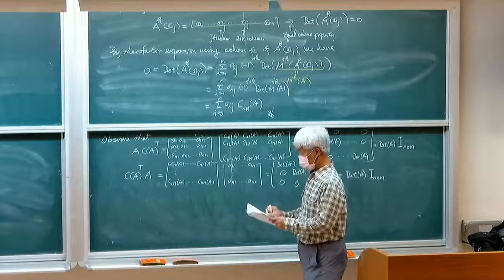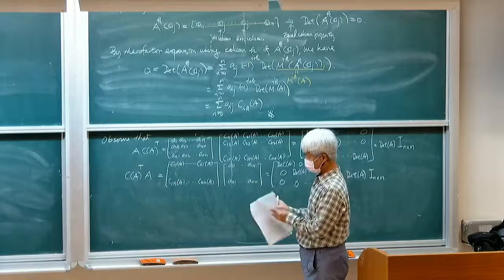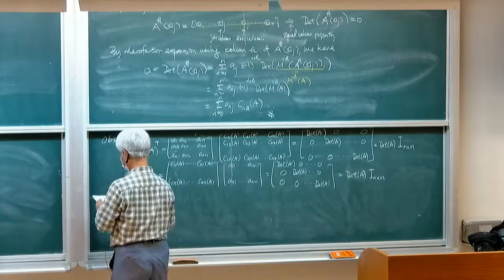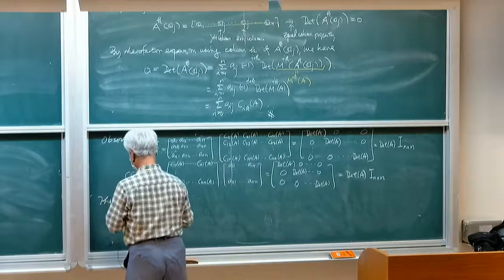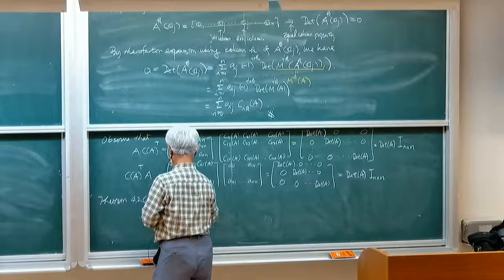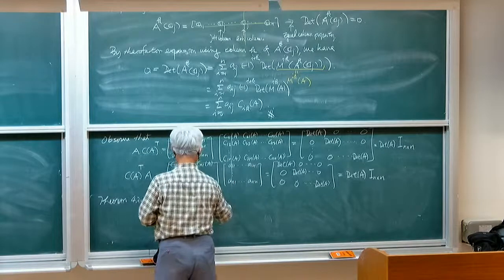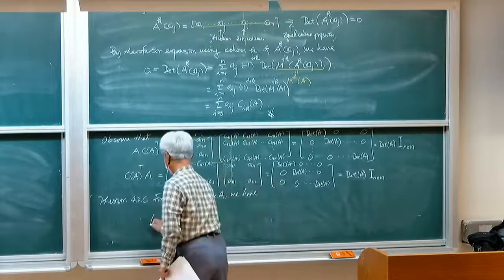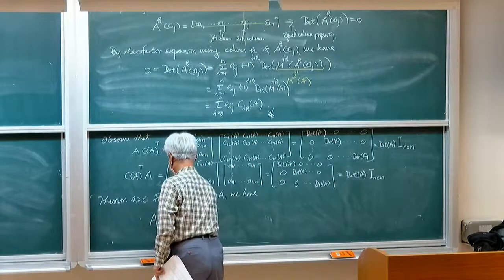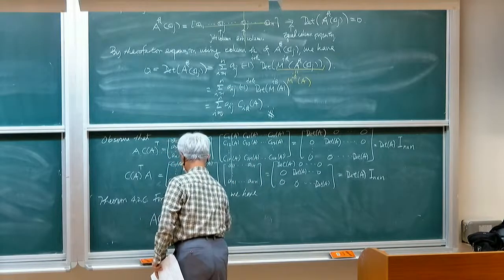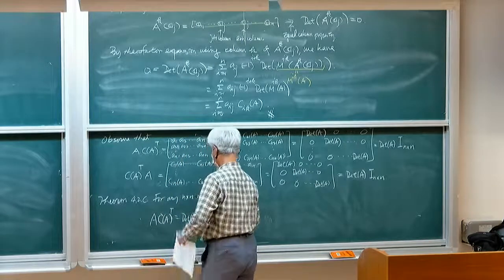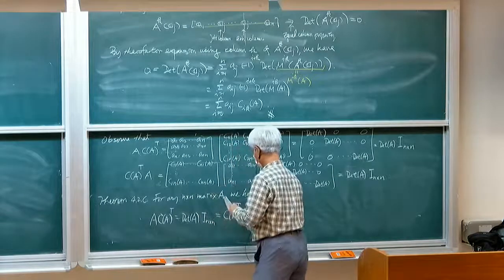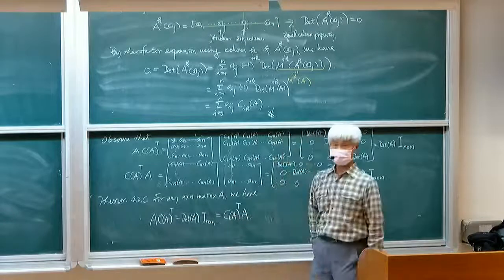So from these observations we can summarize into the following theorem, 4.2.c, that for any n times n matrix A, A times CA transpose is equal to the determinant of A times the identity matrix, and is equal to CA transpose times A. So we have this identity.